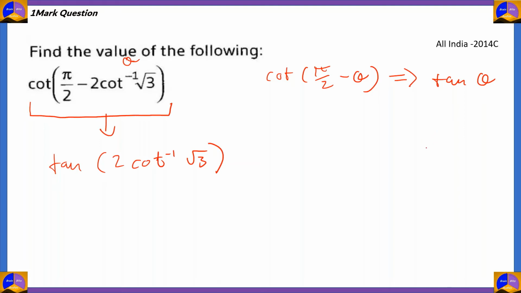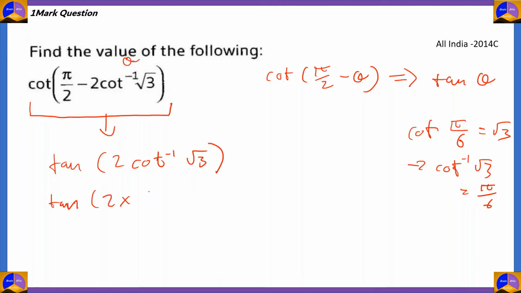So cot pi by 6 is root 3. Therefore, cot inverse of root 3 will be equal to pi by 6. Let's put in the values. So it'll be tan of 2 into pi by 6.